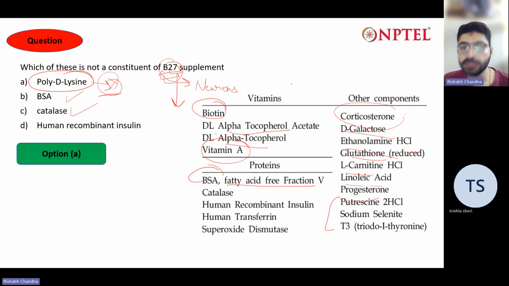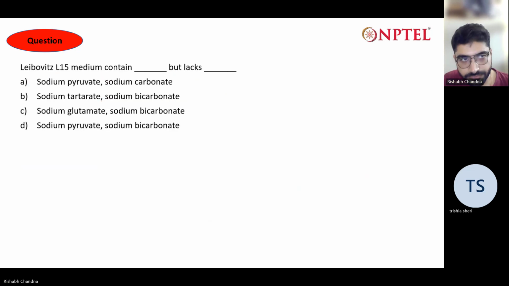This is the condition. Now let's move on to the next question. Leibovitz L15 medium contains this but lacks this particular compound.